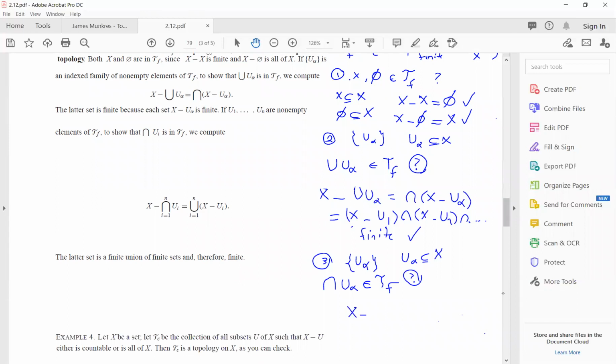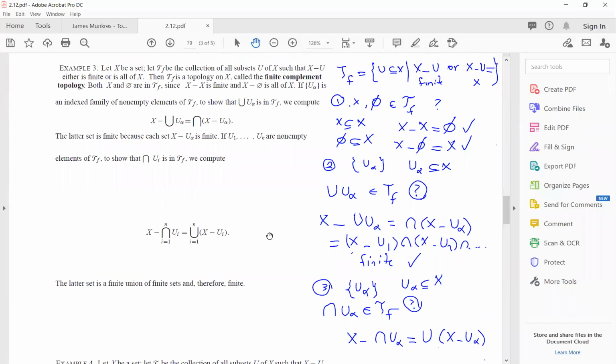X minus the intersection of U sub alpha, again by using De Morgan's law, is equal to the union of X minus U alpha, and X minus U alpha is either finite or it is equal to X. Again, if it's equal to X, you have empty set, you don't have anything to worry about.